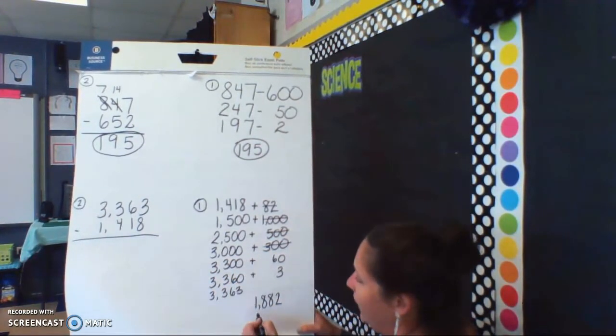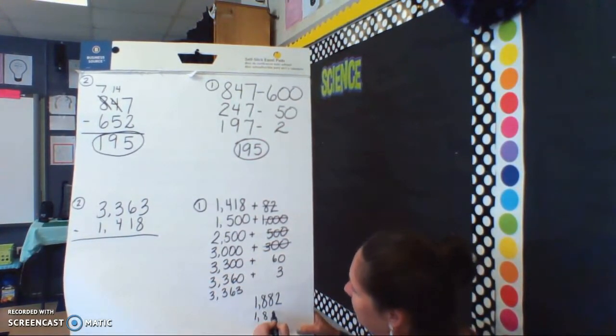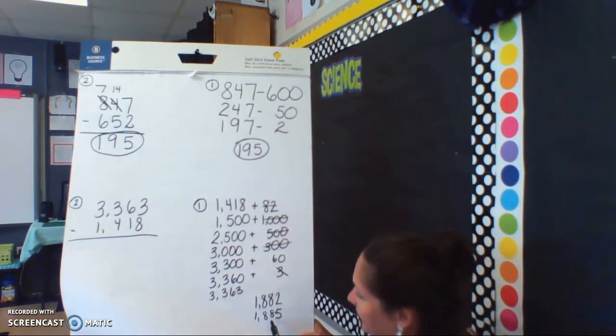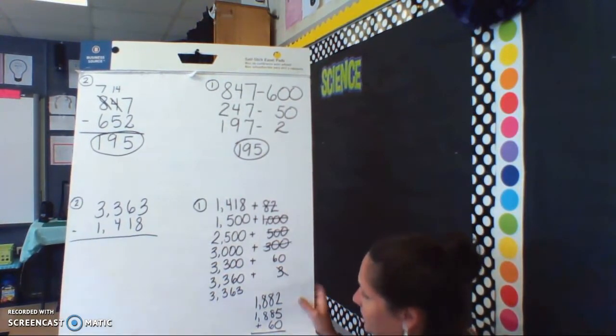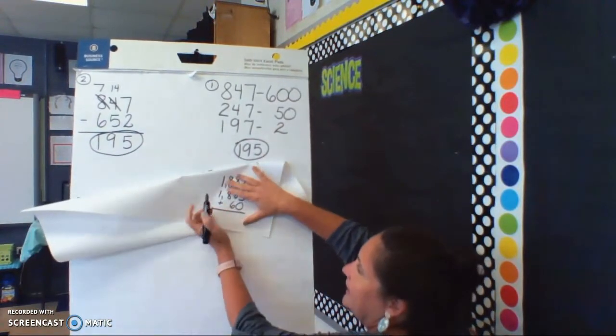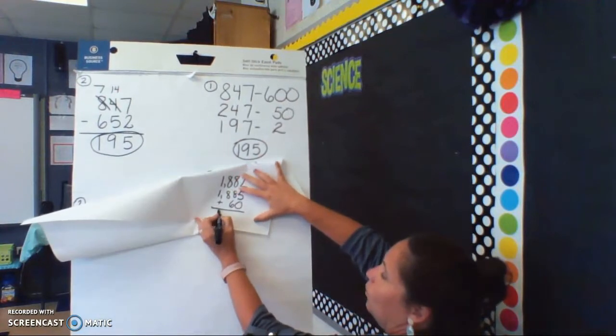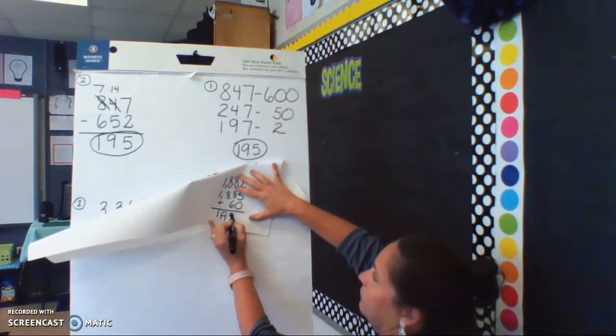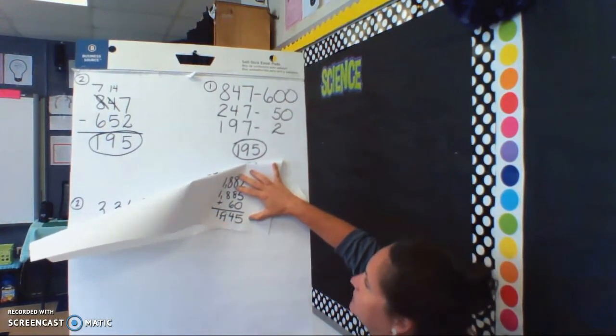That gives me 1,885. And now I've got to do the 60. That's going to take me somewhere. So that gives me, see if I can write it so you guys can see it. That gives me 1,945.